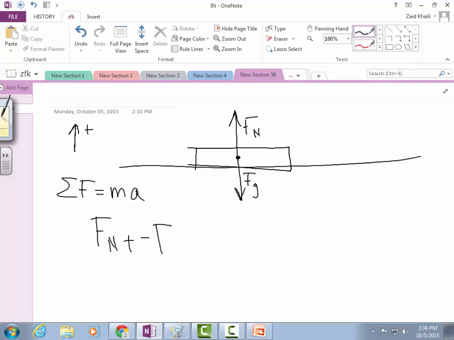plus negative Fg, and that's equal to ma. But what's a? A is 0.